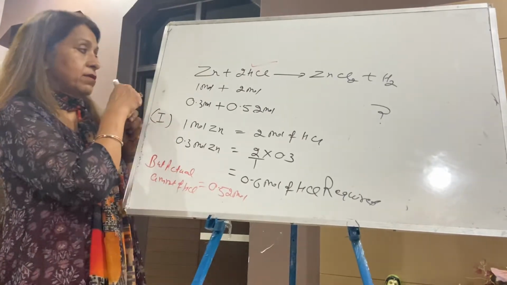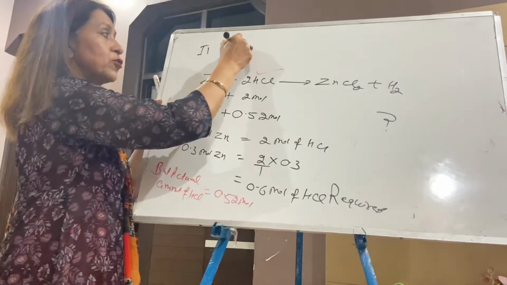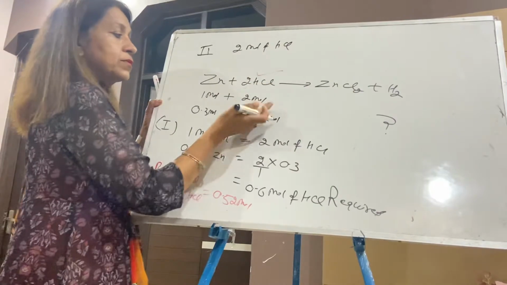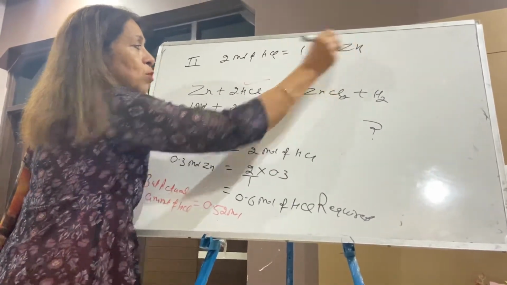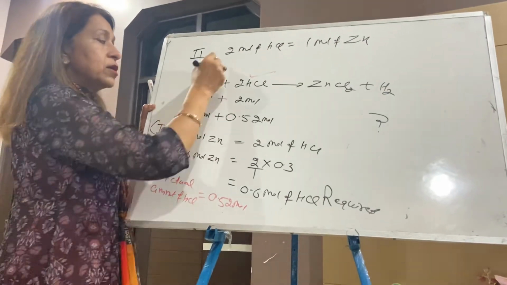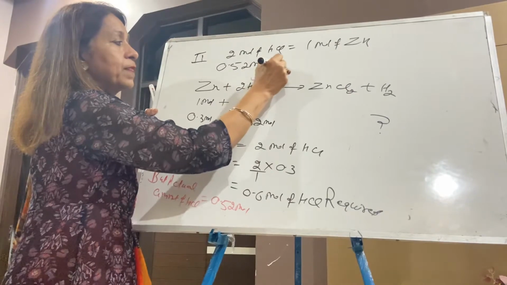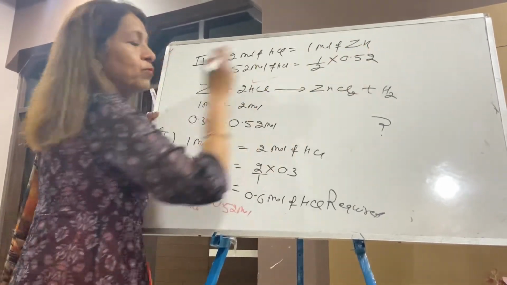Now apply the second unitary method, the other way. 2 mole of HCl is equal to 1 mole of zinc. Then 0.52 mole of HCl is equal to 1/2 × 0.52.